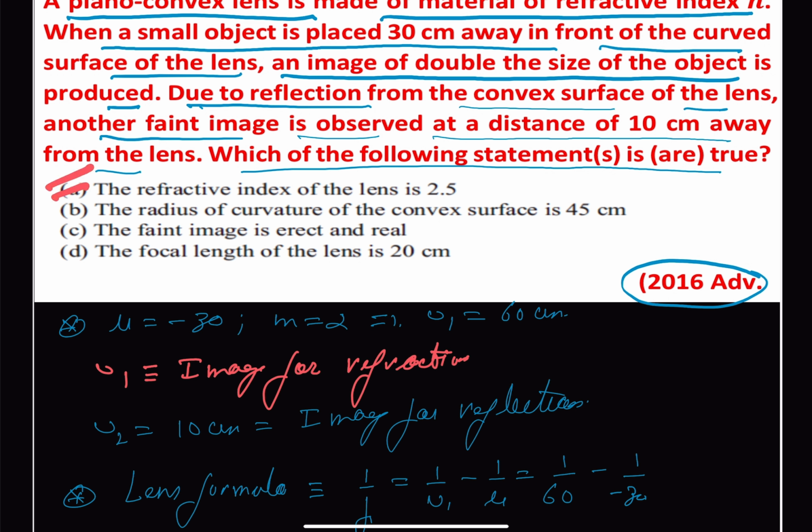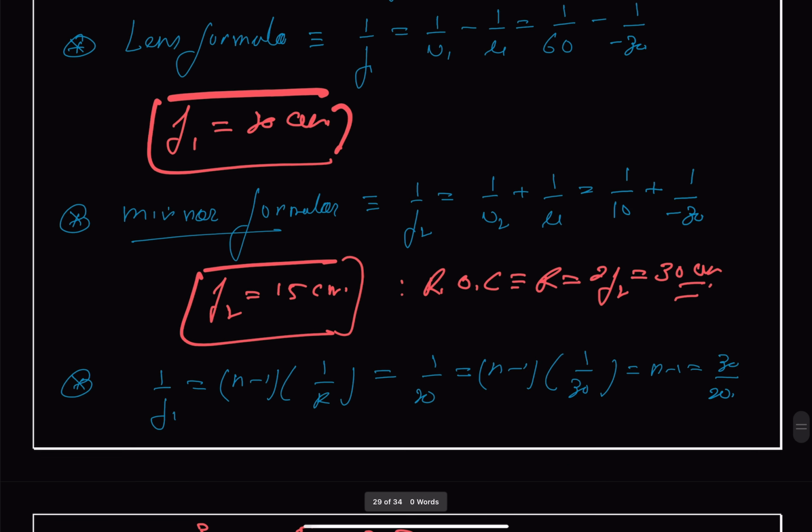Radius of curvature is not, and the focal length of the lens is 20 centimeter, so options A and D are correct.